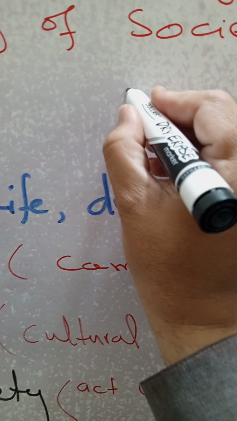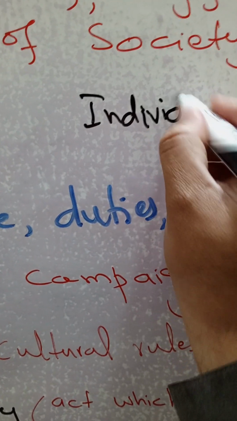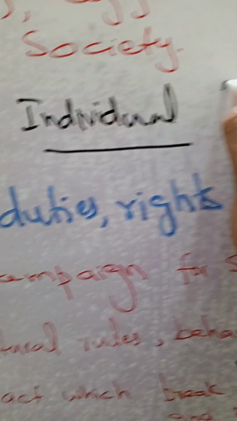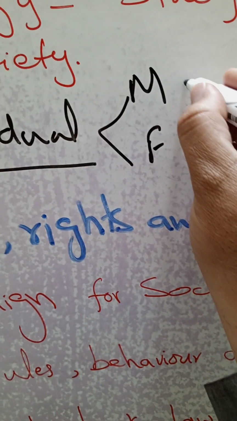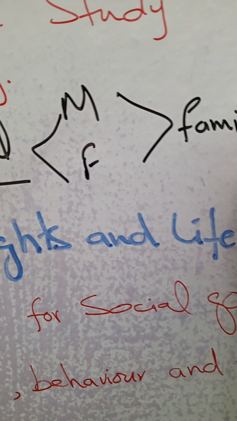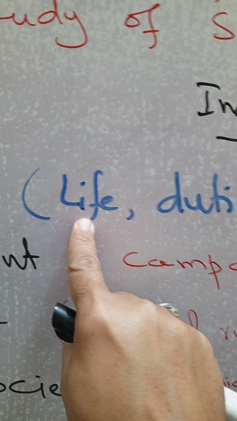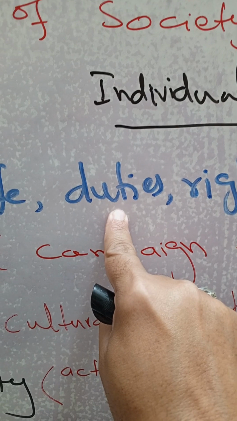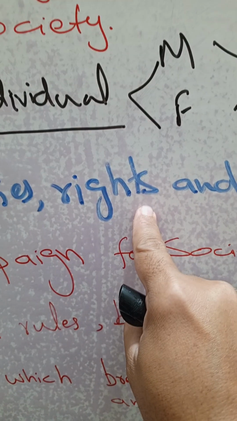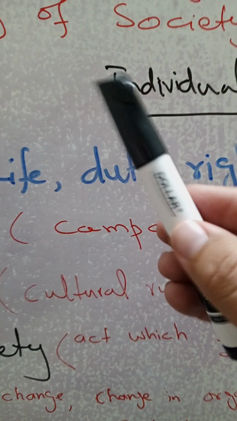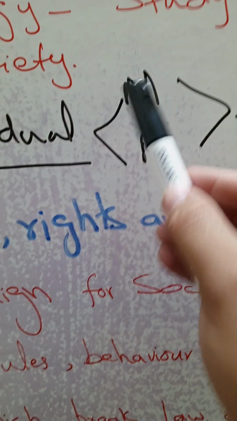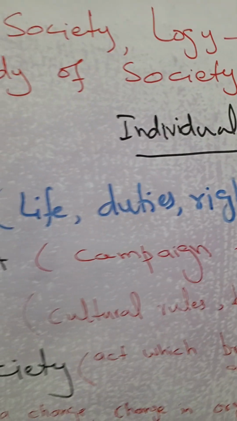The first unit is the individual, and the individual, male and female, group together to form a family. They have different lifestyles, different duties and responsibilities, different rights. Whenever we study the lifestyle, duties, and responsibilities of the family, or of any male, female, or individual in society, that is known as social status.